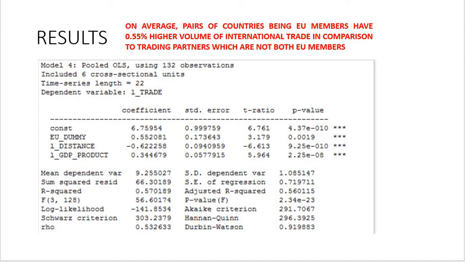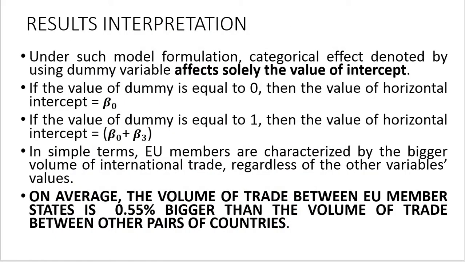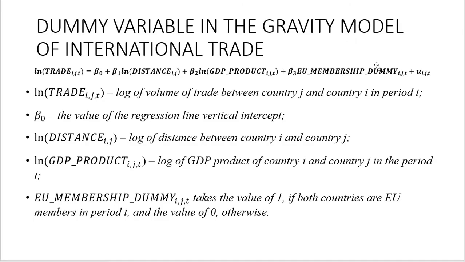So this is how we interpret this. And when it comes to this type of model specification with dummy variables, in this model we include the dummy variable as a separate variable.